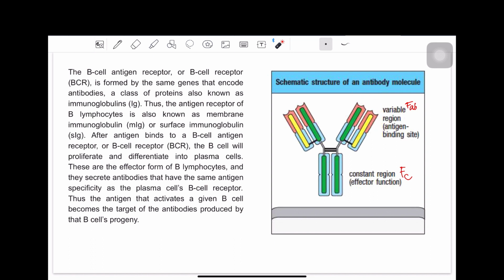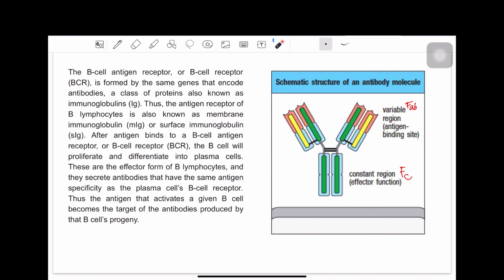Now, in the variable region, there are these complementarity determining regions or CDRs, which are specific for the epitope that the antibody wants to bind to. So this is specific to the antigen.